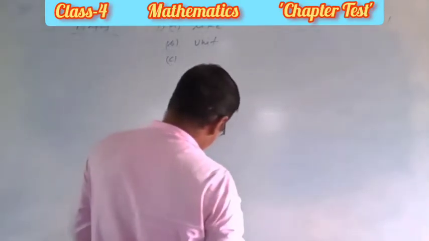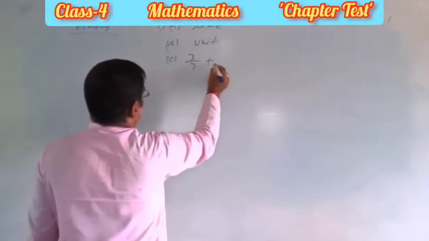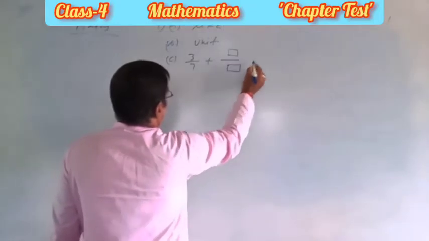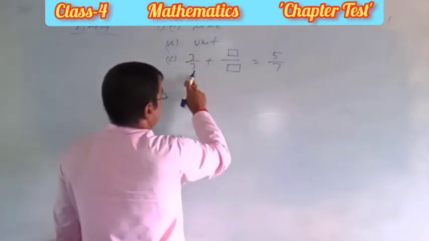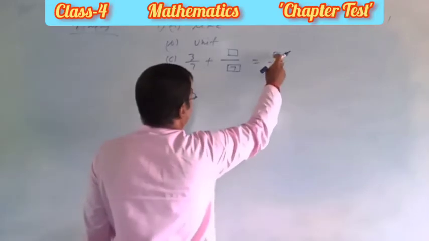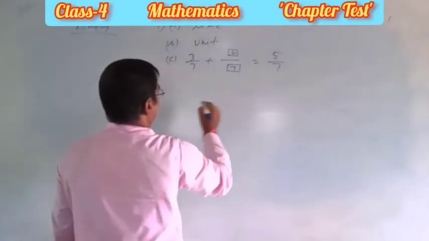C: 3 by 7 plus something equals 5 by 7. Here I see 7 is common, so you write 7. The answer is 5 and 3, so you subtract 5 minus 3, 2.